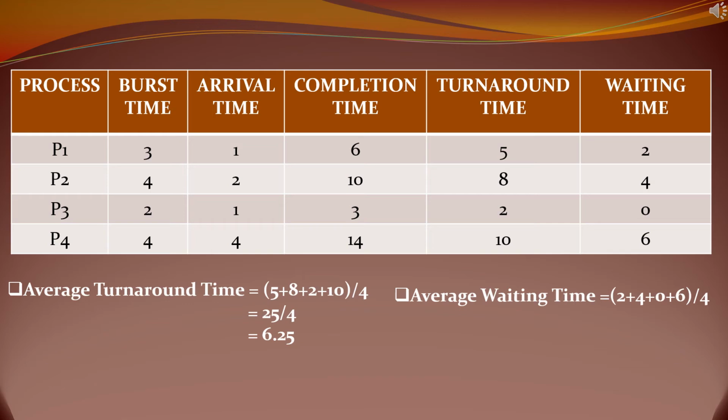And the average waiting time equal to 2 plus 4 plus 0 plus 6 whole divided by 4 equal to 12 divided by 4 equal to 3. So the average waiting time for this problem is 3 millisecond.